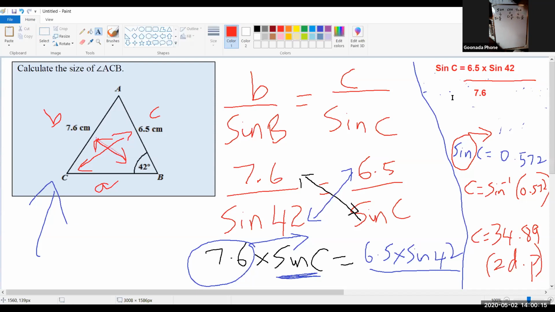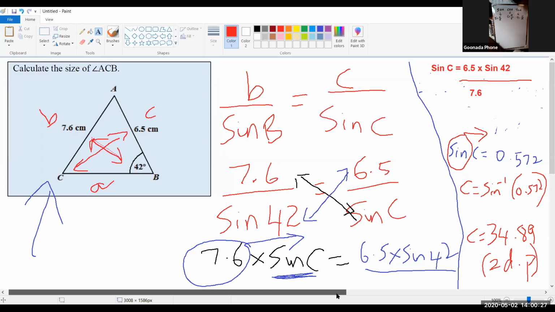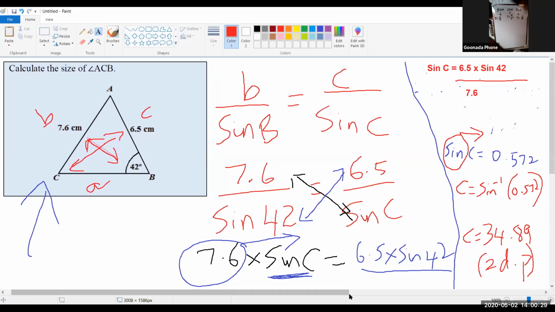Right, so sine C is equal to 6.5 multiplied by sine 42 all over 7.6. Better, Jada? Yes, it is. All right, I'll give you all 3 minutes. I'll take it down.